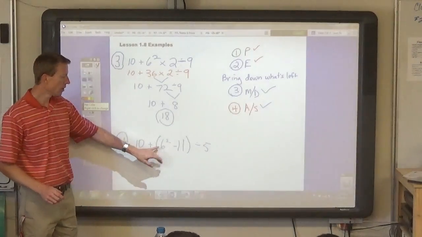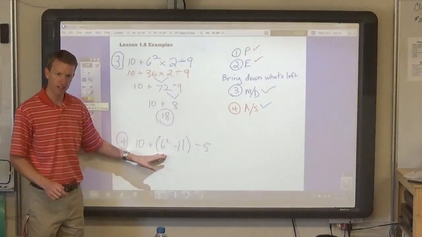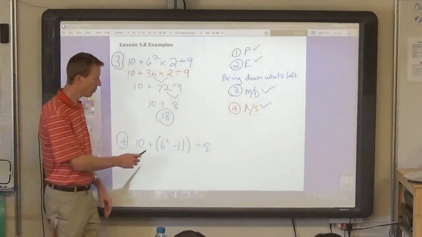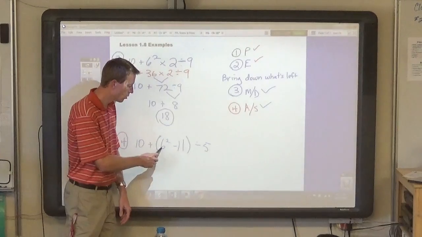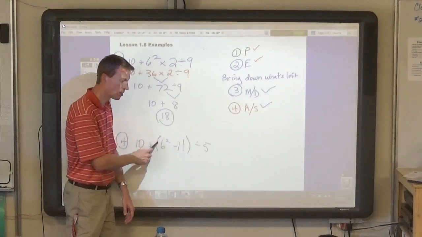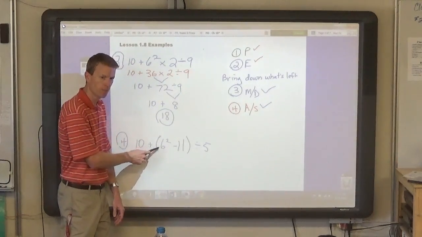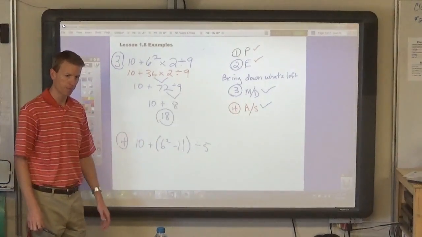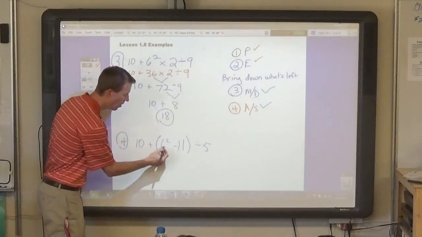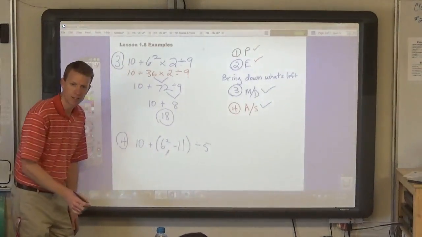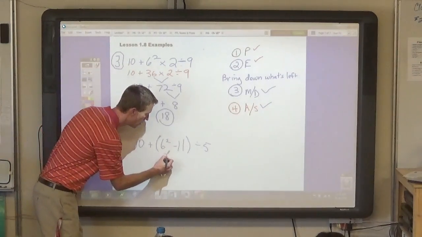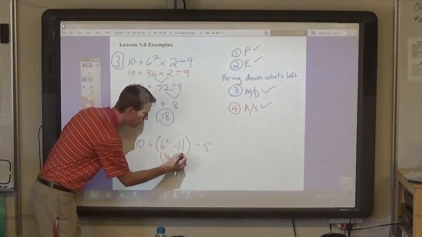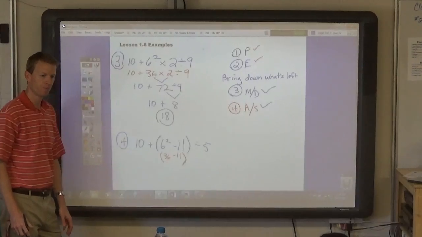Now, I said earlier that when you're working in the parentheses, you have to follow the order of operations. So we can't do 6 squared minus 11 until we've simplified the 6 squared. Exponents first, and then minus 11. So, what is 6 squared again? 36. 36 minus 11. And then put the parentheses back around it.